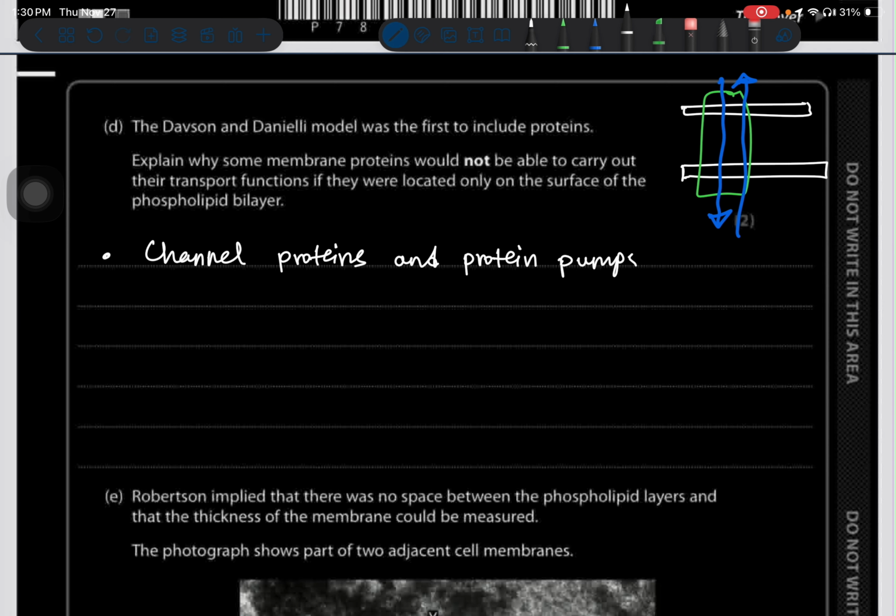As we said, these need to span across the membrane. For what? To transport substances.